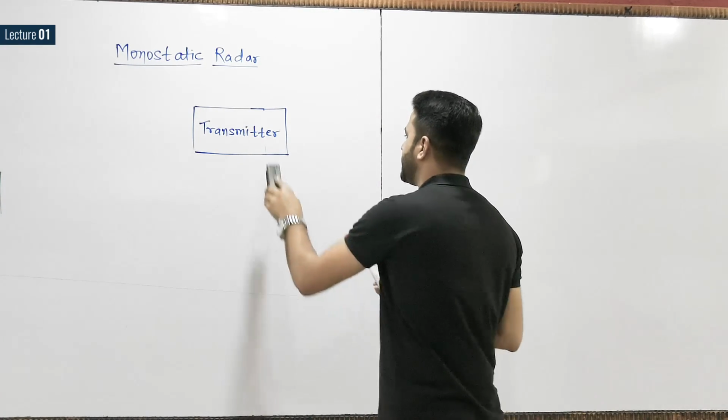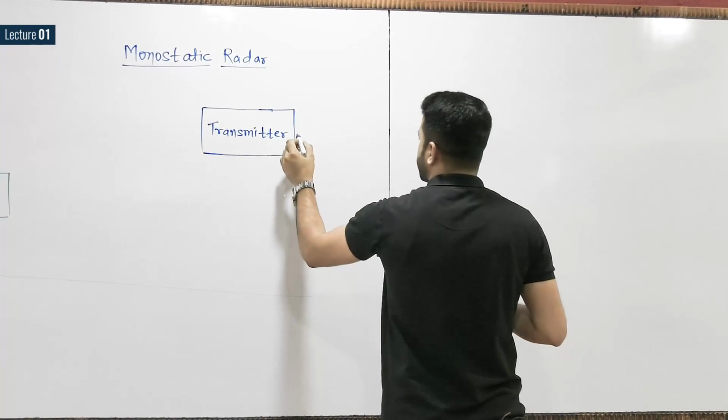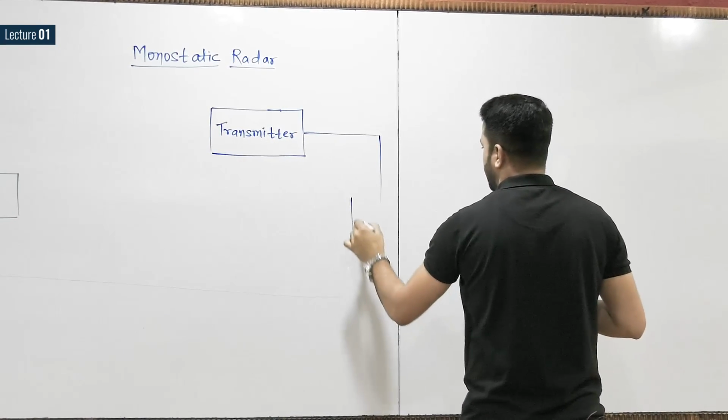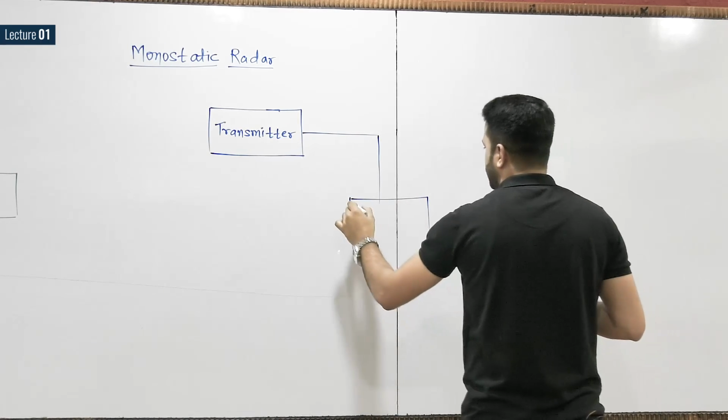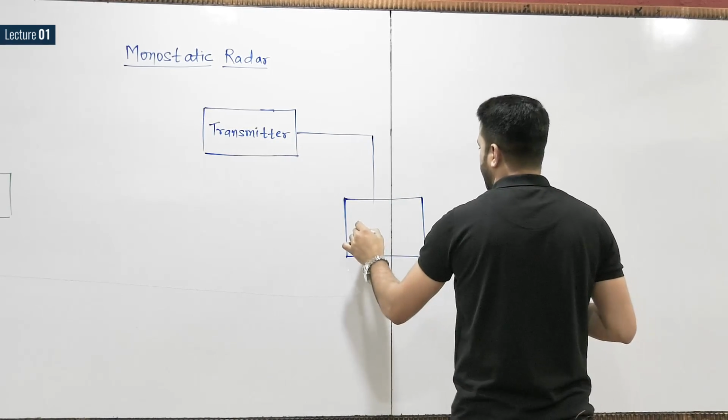So we have generated a high power in the transmitter, and after generating this high power, we have to transmit it. For this transmission of high power, we are using a duplexer.